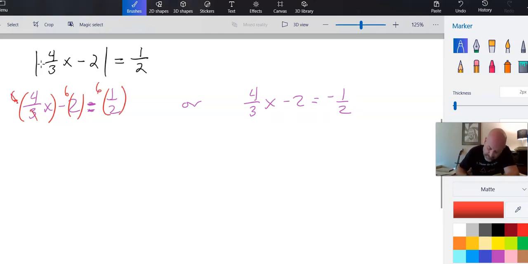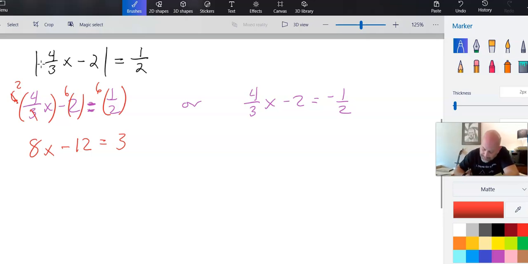So that's going to cancel, make that a 2. So this ends up being 8x. 6 times 2 is just 12. And then 1/2 of 6 is 3. Okay, so now I have a nice linear equation with all whole numbers in it.